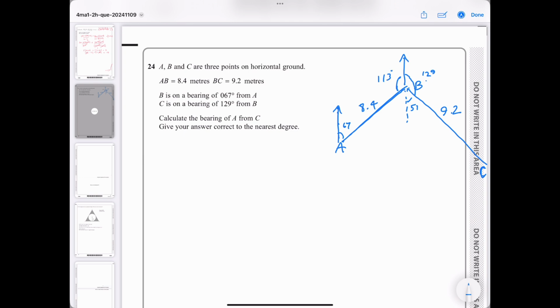So this bit here would be, oh, for goodness sake, 113 plus 129 plus 51 equals 293, so that's 67 in there. And the whole thing, therefore, is 67 plus 51. So that's 118 around there.